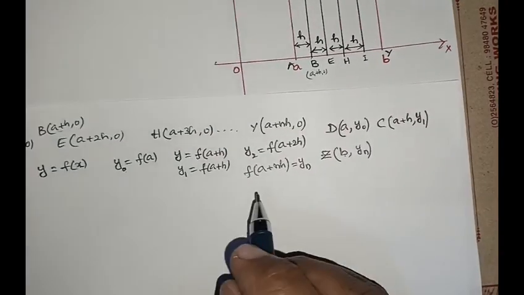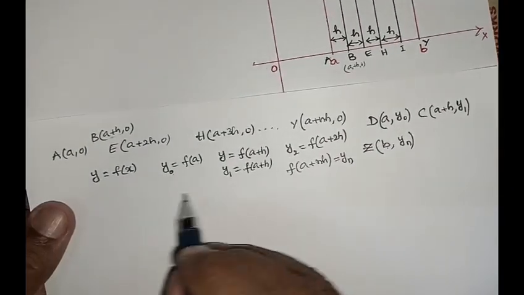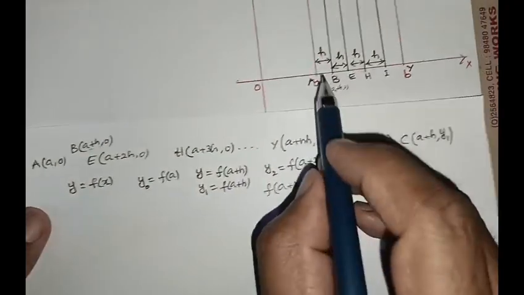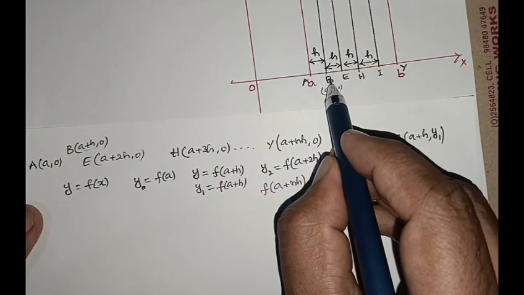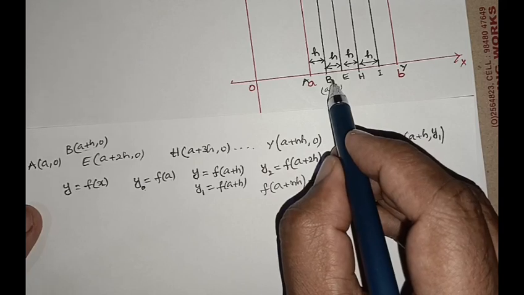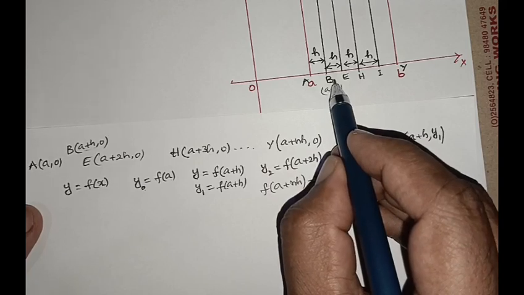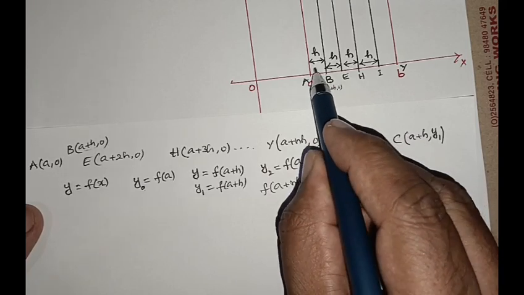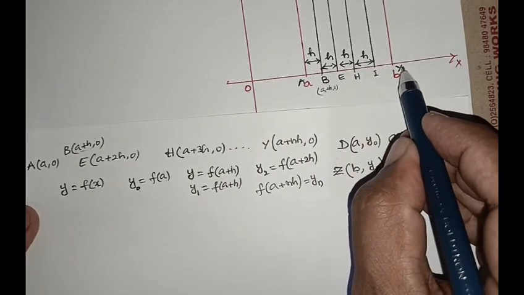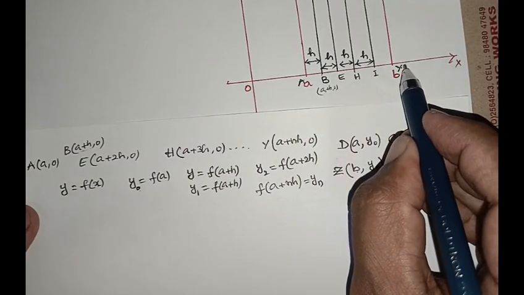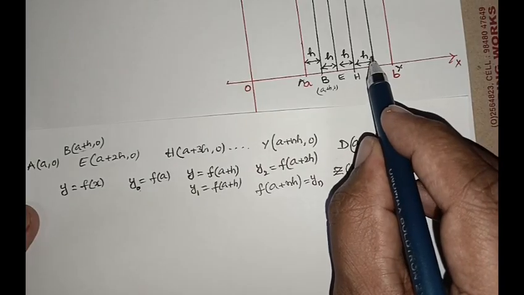So here, the relationship between b and a we get. The first interval we take, the next point we have obtained has coordinates a plus h comma 0. So now an increment of h is given. Finally, for this point, an increment of a plus nh we get.